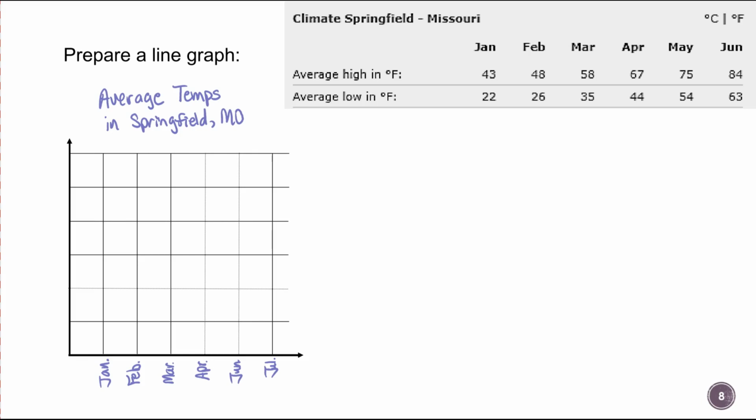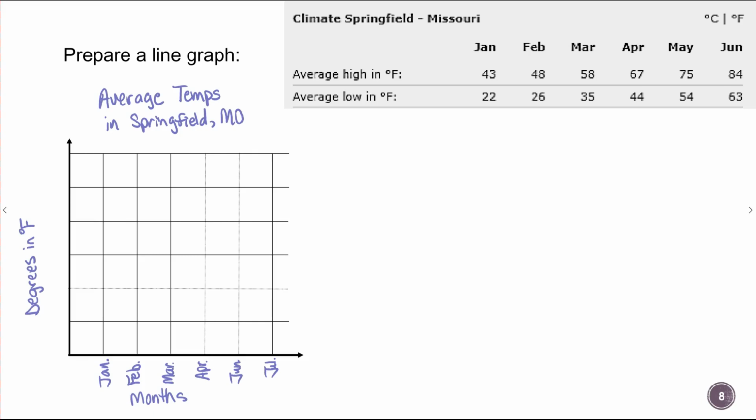So this is, of course, the months of the year. And this is going to be degrees in Fahrenheit, right? I don't know. I'll just do it like this.